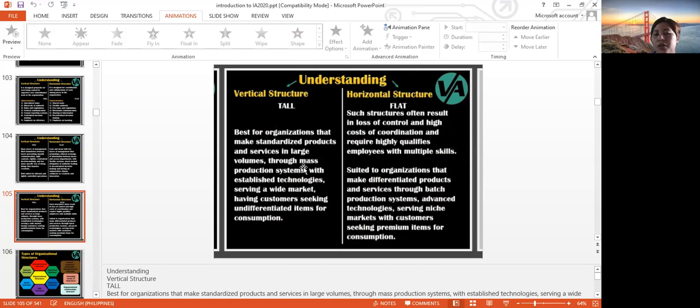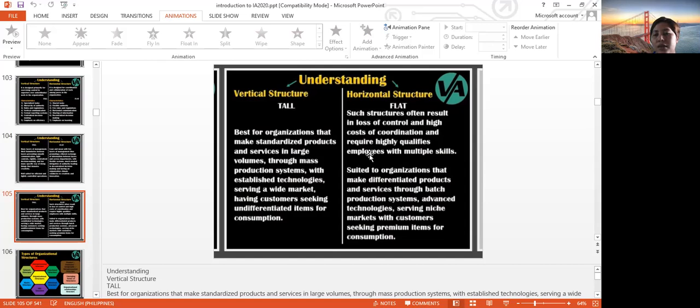It is well suited if the organization will be making products that have standard characteristics.